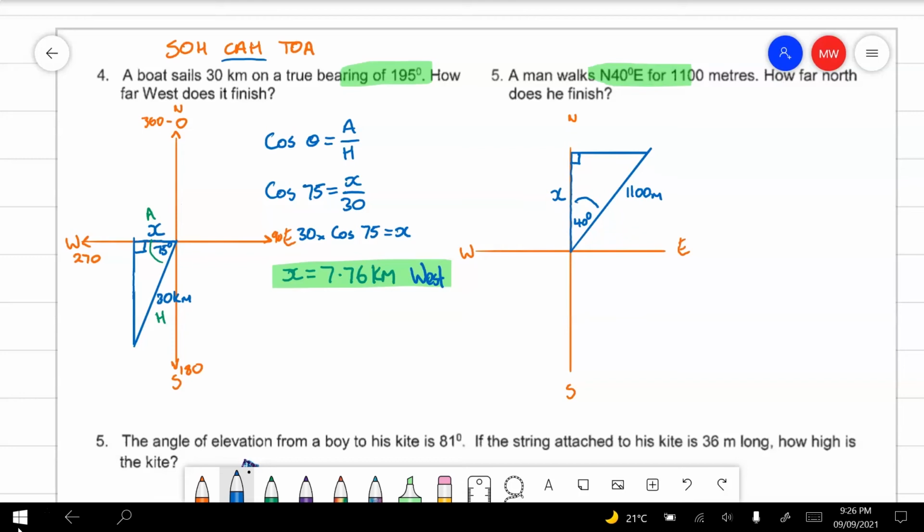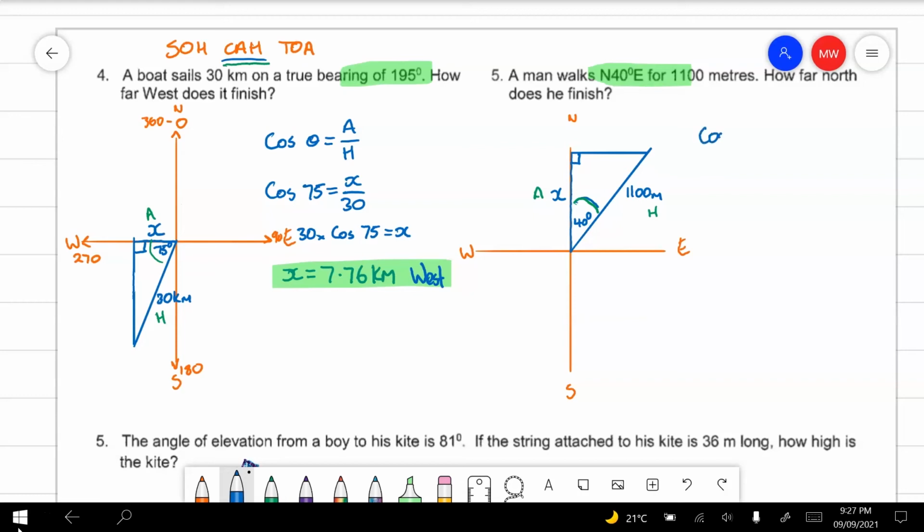So it's going to turn out to be quite similar to the last one. If this is my reference angle here, this one will be the adjacent. This one will be the hypotenuse, and this one will be the opposite, but that's irrelevant. If we go up and have a look at our rules, we'll again be using the cos rule because we have an adjacent and a hypotenuse.